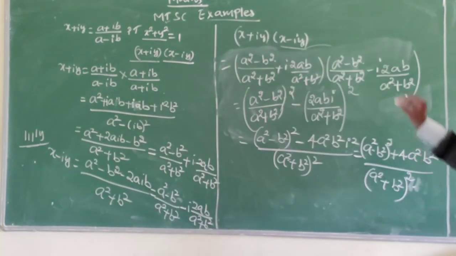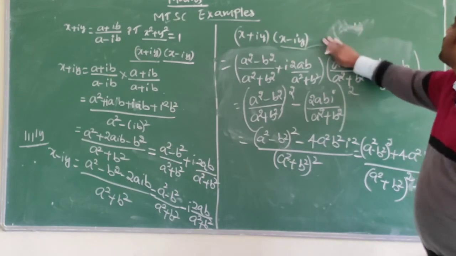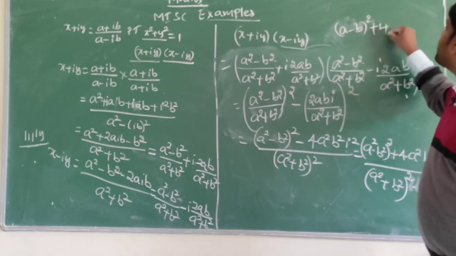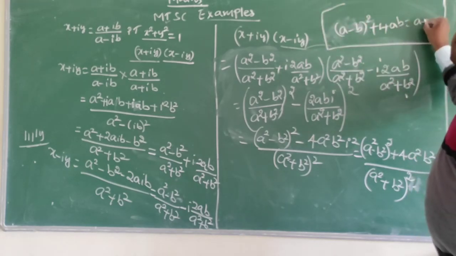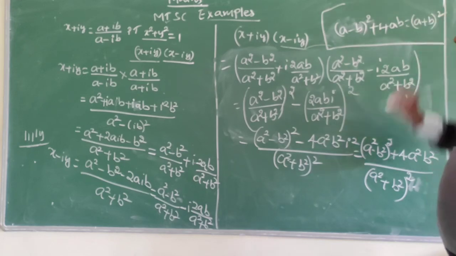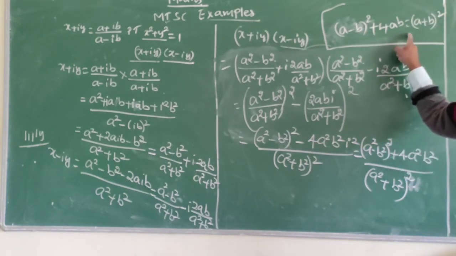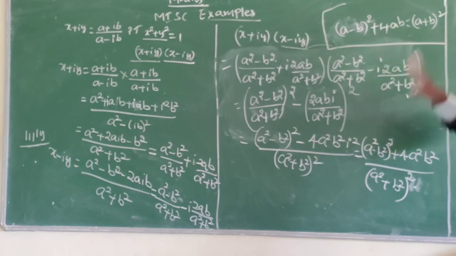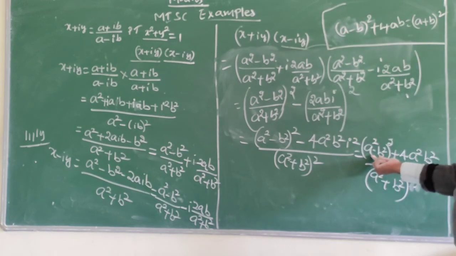We have the formula (a minus b) whole square plus 4ab equals (a plus b) whole square. Okay, so this is a formula already studied in SSLC. So now instead of a, what is there here? A square. Instead of b, what is there? B square.